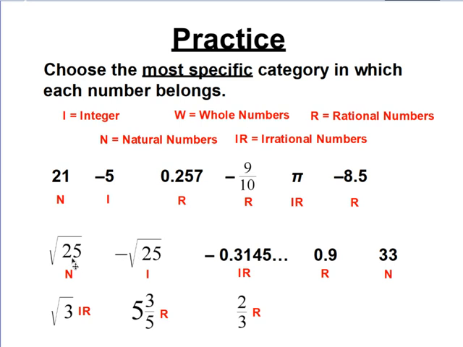The answer to the left one here would just be 5. That makes that a natural number. The other one would end up being the square root of 25 is 5, but that negative sign's hanging out in front. So that answer would be -5 when you solve that. That makes that an integer. 0.257, that's a terminating decimal, so that makes it rational. And you can go through and look at the rest of them.